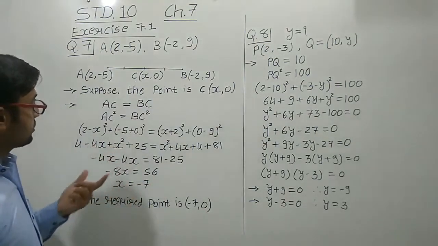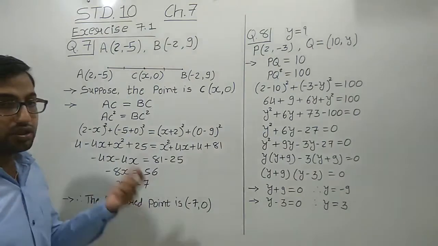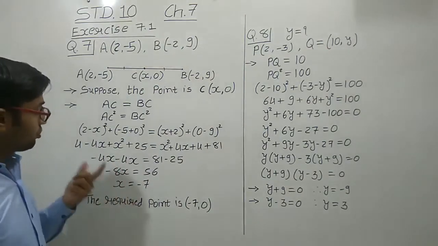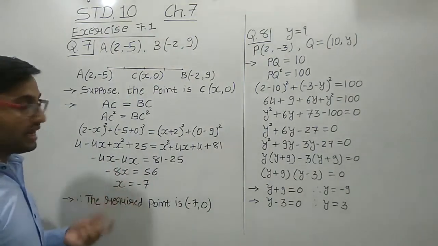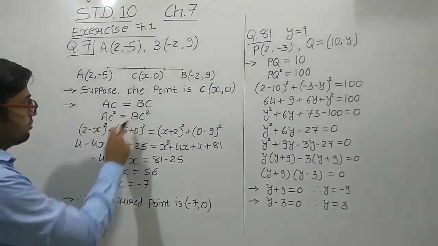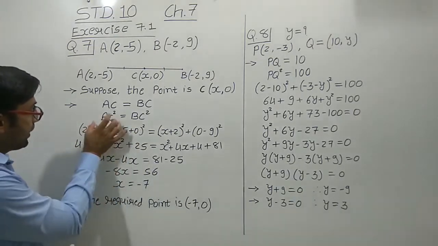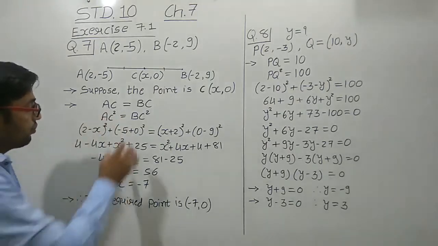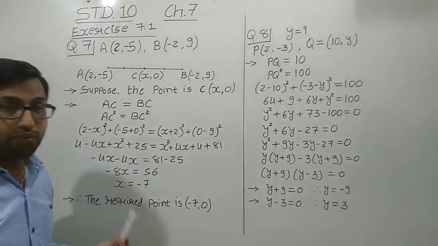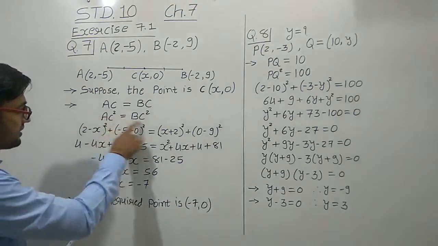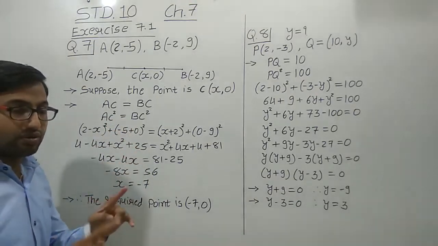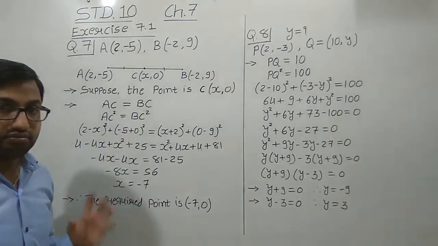So by squaring both sides, we will get AC square is equal to BC square. Now we know how to find AC and BC using the distance formula. Here there is a square, so we do not need to write the square root, right?